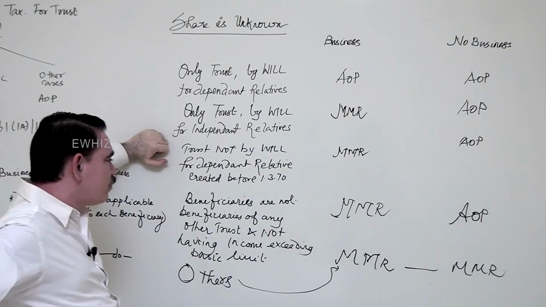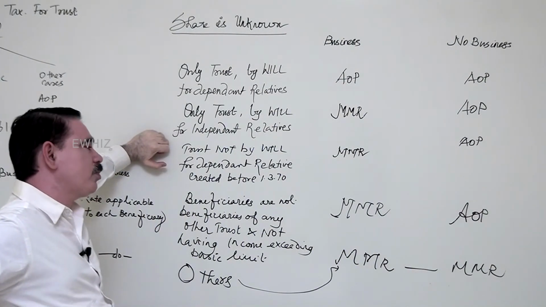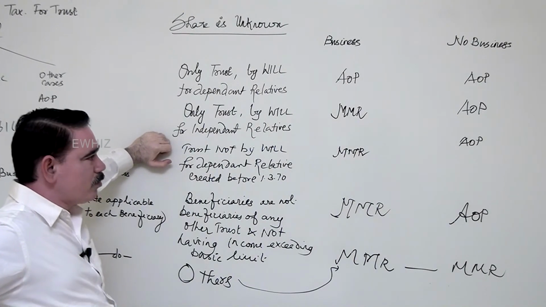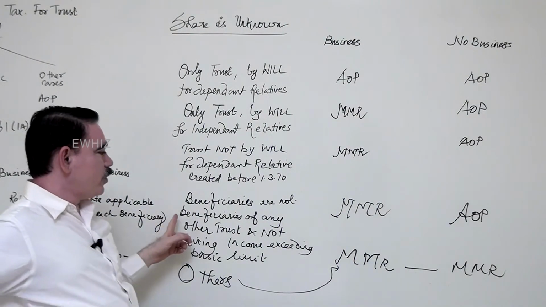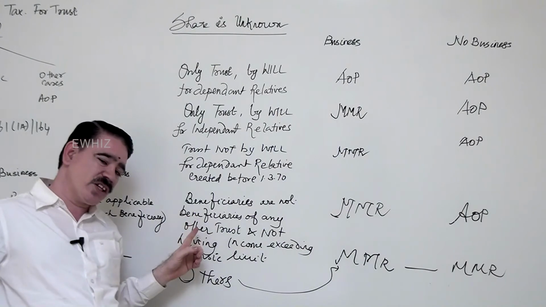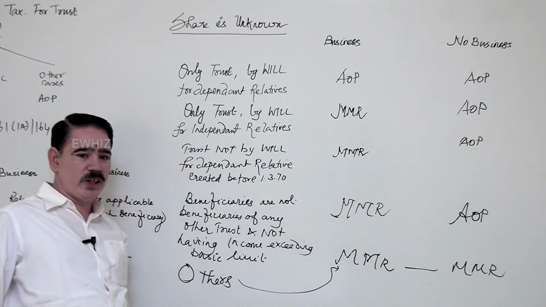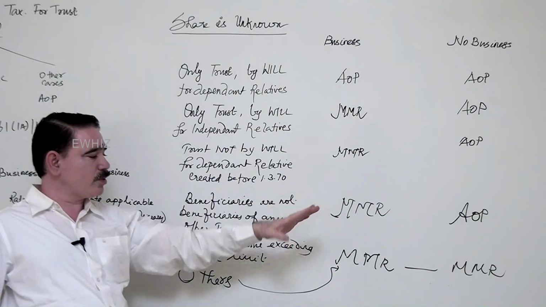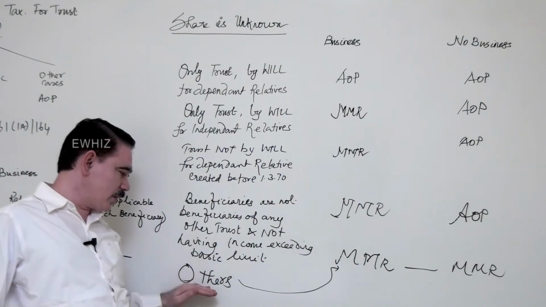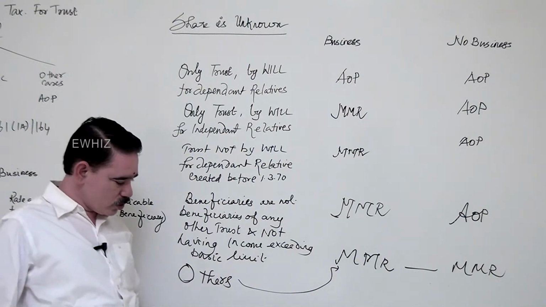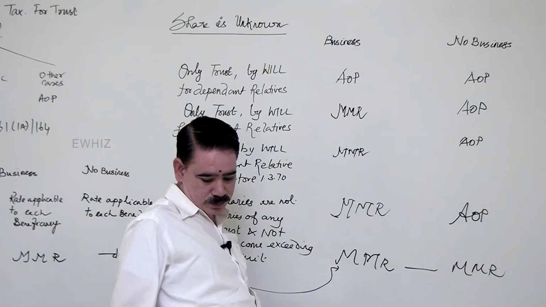Trust not by will for dependent relative, created on or before 1370: business MMR, non-business AOP. Beneficiaries are not beneficiaries in any other trust and not having income in excess of the basic limit of that year: business is there MMR, business is not there AOP. All other cases, whether or not you have business, it will be MMR.